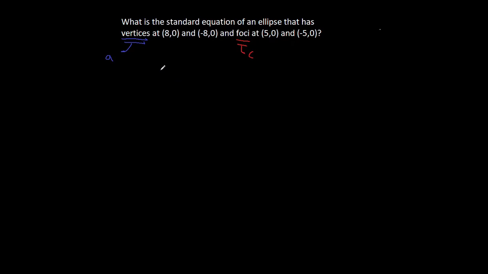Just to keep everybody's mind on track, we're trying to get to the standard equation, which is going to take one of two forms: either x squared over a squared plus y squared over b squared, or x squared over b squared plus y squared over a squared.